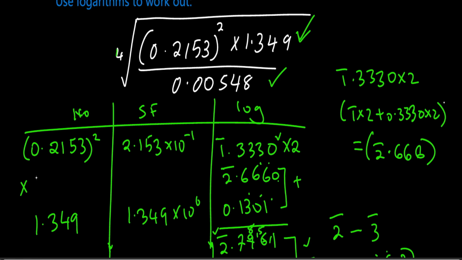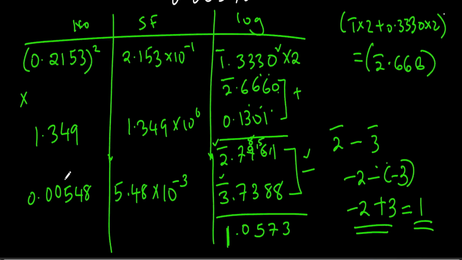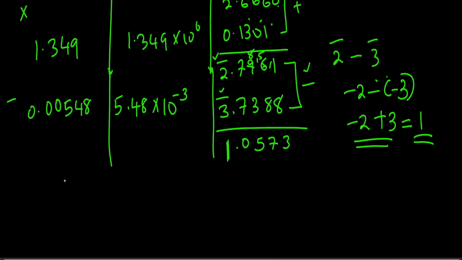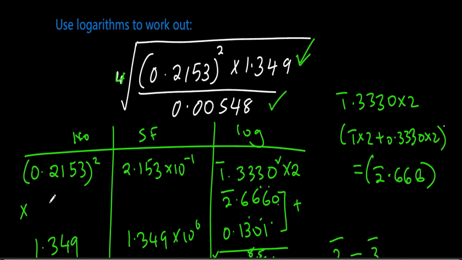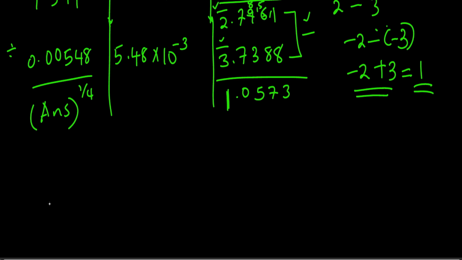But is that the final answer? Remember, it was the power 4. So whatever answer that you get after dividing, you do power 1 over 4 because of the fourth root. So multiply by 1 over 4. This is somehow easy, not that hard. So let's do 1.0573 divided by 4 to give you 0.2643.